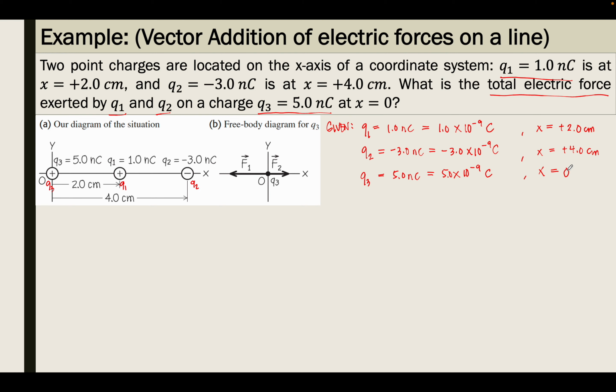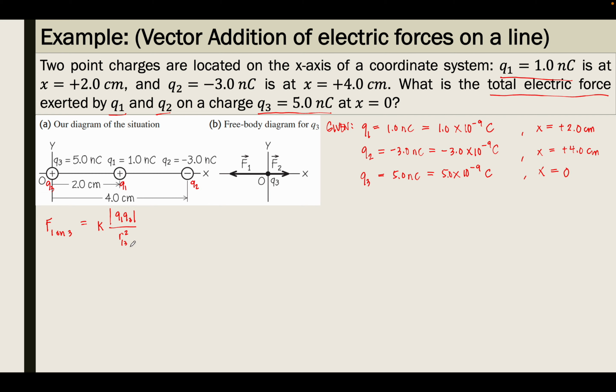Okay. So what we will solve first is the force, since we need the total electric force. We will first solve the force that Q1 exerts on Q3. We have the equation for Coulomb's law, K times Q1 times Q3 divided by R squared, or R13 squared.